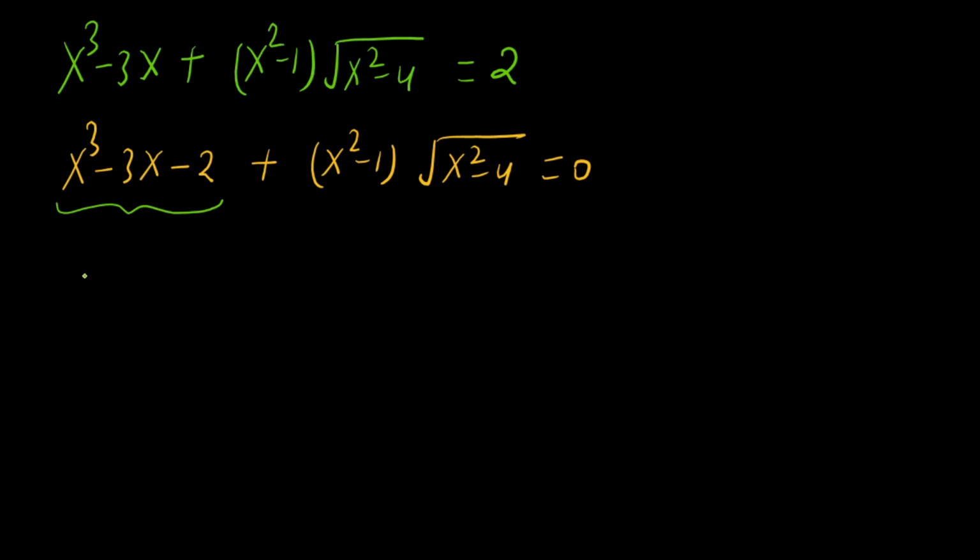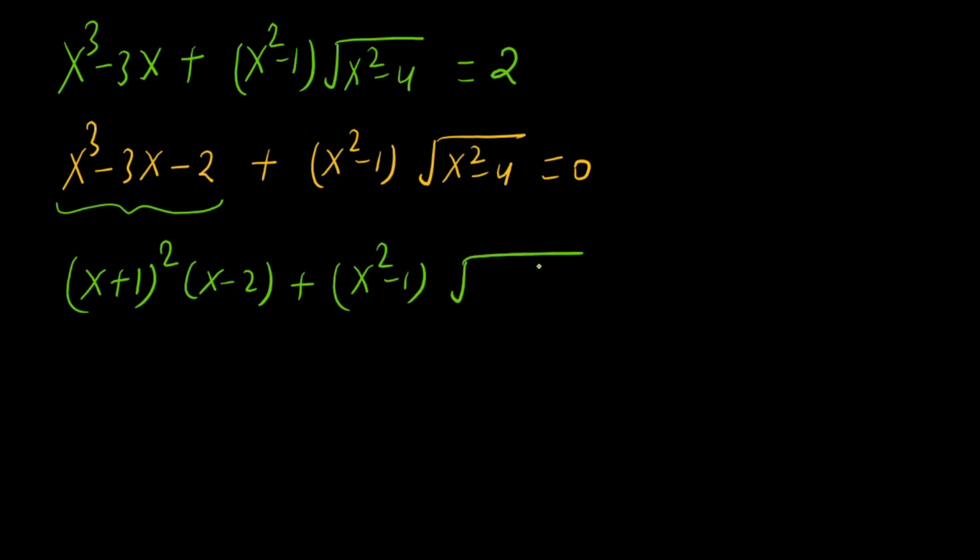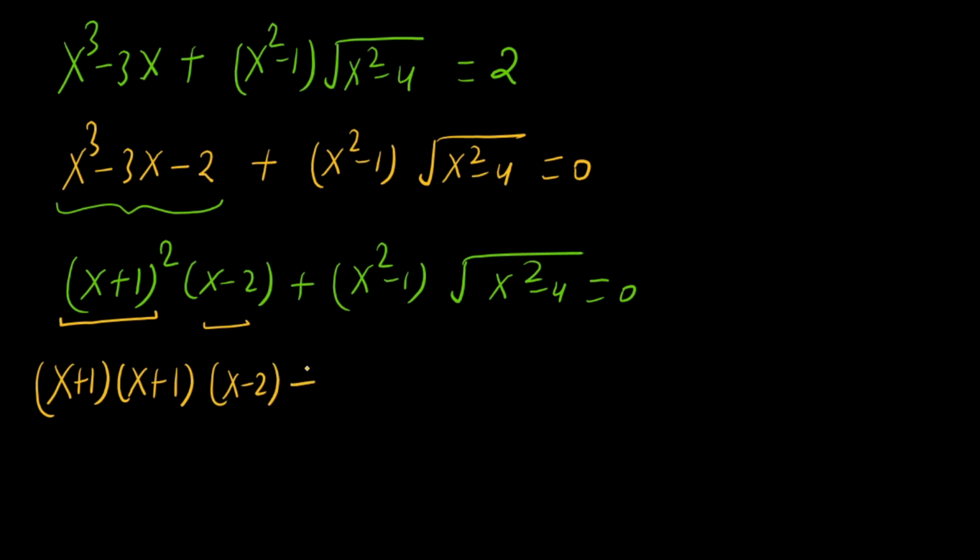Then (x + 1)² times (x − 2) plus (x² − 1) times √(x² − 4) equals 0. (x + 1) whole squared is the same as (x + 1)(x + 1), times (x − 2), plus x² − 1. x² − 1 is the same as x² − 1², a difference of two squares, which is (x + 1)(x − 1).